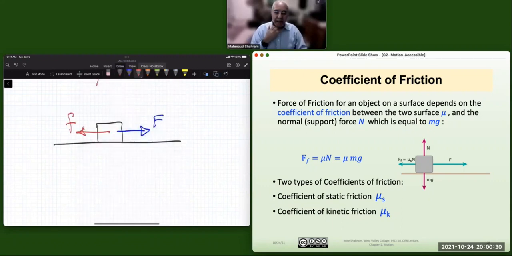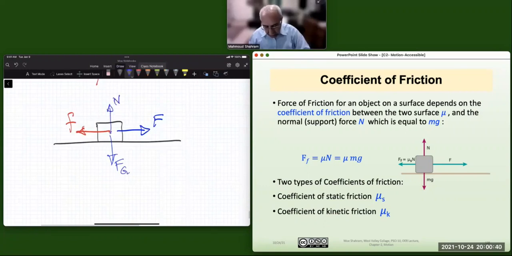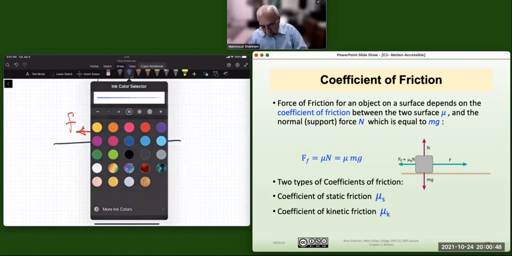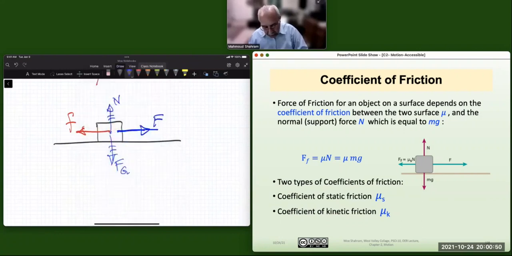And then there are two other forces which we already talked about, Fg and normal force N, and these two are equal, so they cancel. Of these other forces, if they are not equal, if this force is bigger, this thing starts moving. But what is the amount of that friction force?